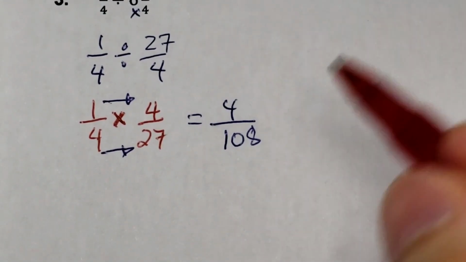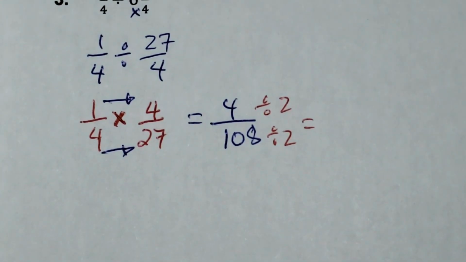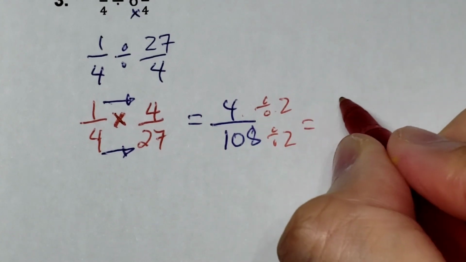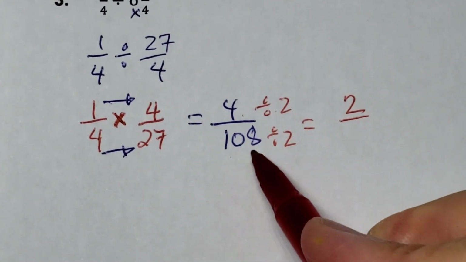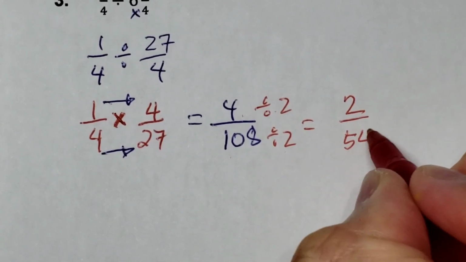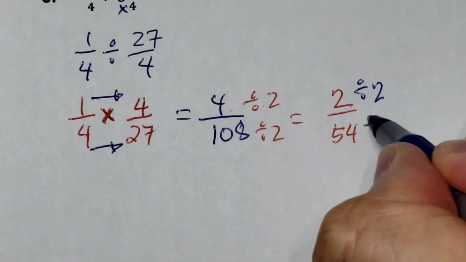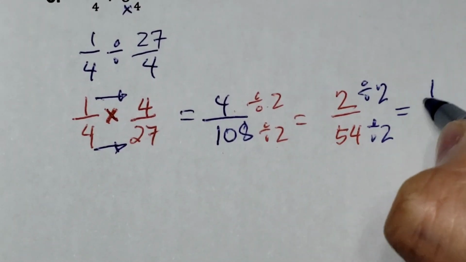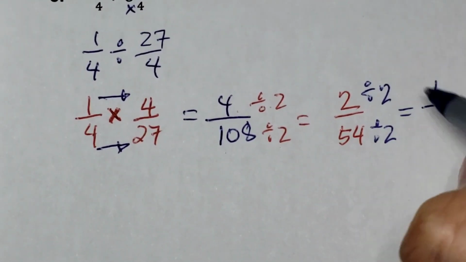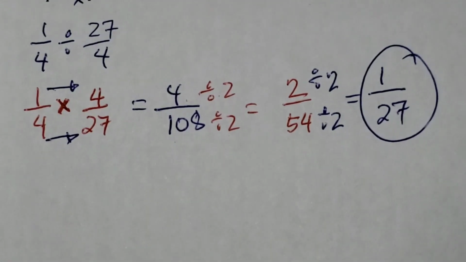I can divide this by 2, and this by 2. 4 divided by 2 is 2. Now what is 108 divided by 2? That gives you 54. Now can you still simplify this? Yep, divide by 2. And that gives you 1 over 27. It's a long process.